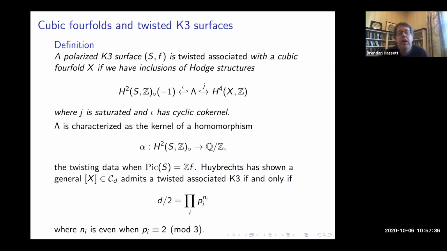In the case where the map is actually an isomorphism, this is the notion of associated K3 surfaces. But these cyclic subgroups give you a little bit more flexibility in how you relate the cubic fourfold to the K3s. And there are examples that we'll discuss where this notion is a natural one to be considering.